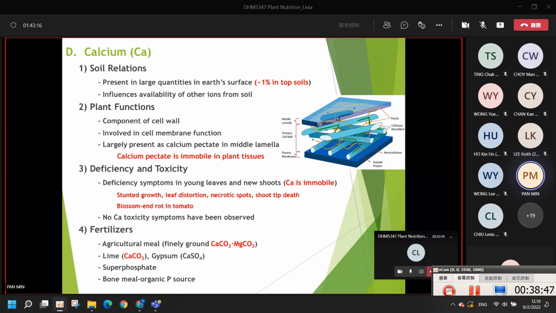Generally, the new growth and the rapidly growing tissues of the plants are affected first. The mature leaves are rarely, if ever, affected because calcium accumulates to high concentration in older leaves. Calcium deficiency in plants is associated with reduced plant height, fewer nodes, and less leaf area.